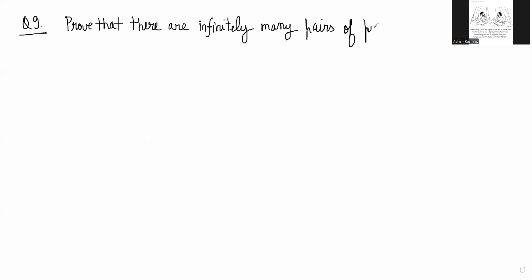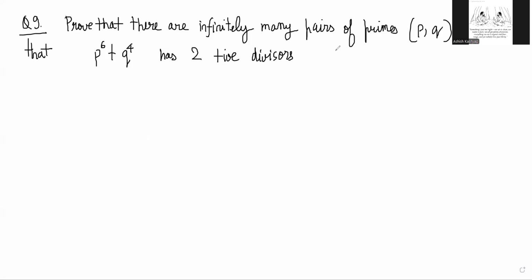Okay. Question 9 says that prove that there are infinitely many pairs P, Q of primes such that P power 6 plus Q power 4 has two positive divisors whose difference is 4PQ.